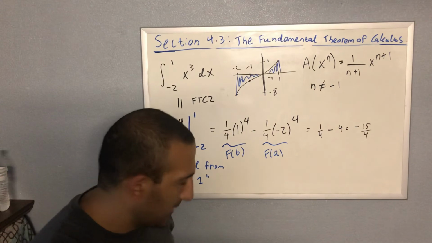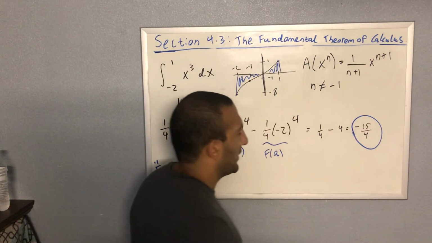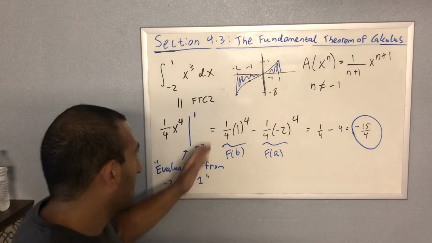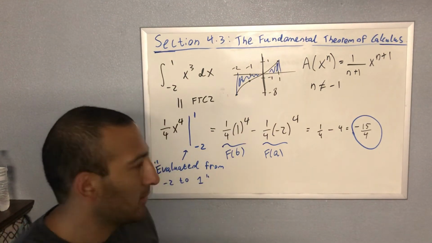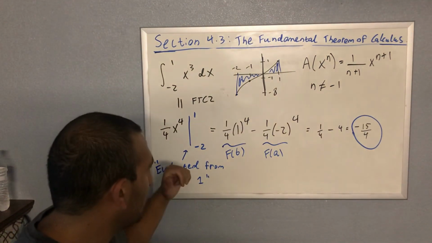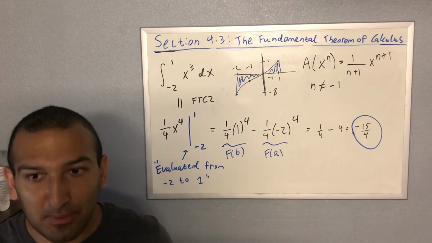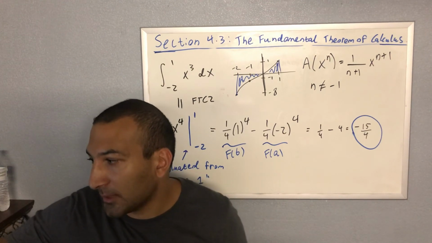And so you can see that without any Riemann sums, without any difficulty, we can perfectly figure out the area underneath the curve, or the net area. So that's a really, really, really powerful result. And that's why it's called the fundamental theorem of calculus. It's an extremely useful result.